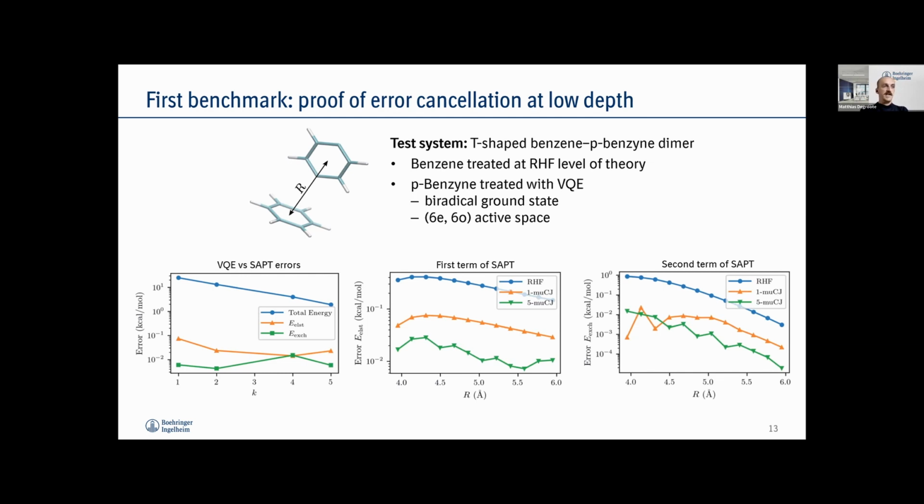And okay, there is some improvement by going from 1 layer to 5 layers, but both are adequate already, and the electrostatics are more benefiting from more layers than the exchange.